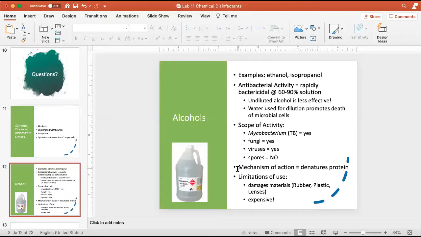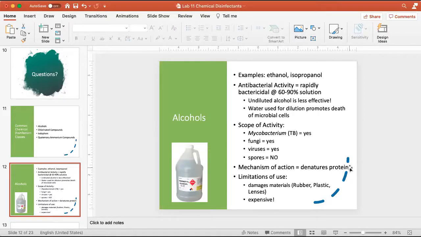Now, let's also talk about the mechanism of action of these chemicals. For alcohol, the reason it kills bacteria and fungi and destroys viral particles is by denaturing protein. You're going to see this mechanism again and again for disinfectants. When I use that term denature, you can translate that as unfold. Alcohols are going to unfold proteins.